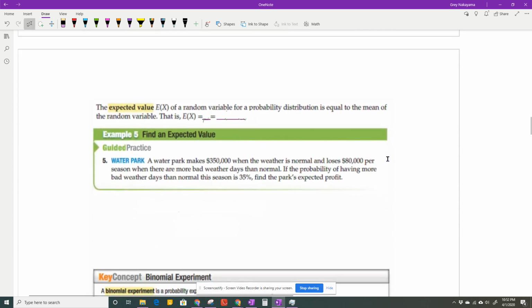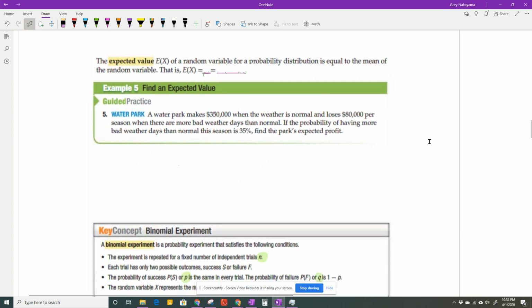Okay, moving along. Another application of the probability distribution is something called expected value. The expected value for a probability distribution is equal to the mean of the random variable. So that's the same thing we've been doing, which is the sum of each data value times its probability. So what's that going to look like?